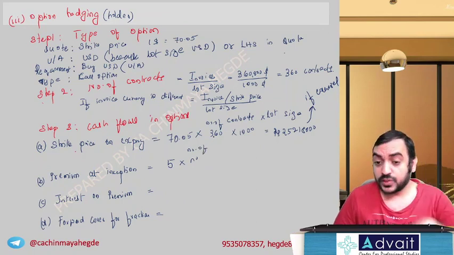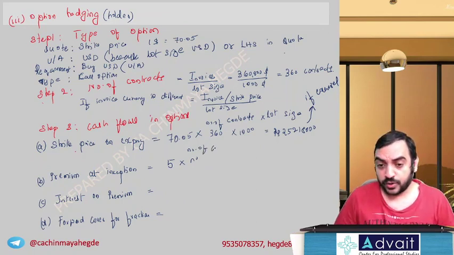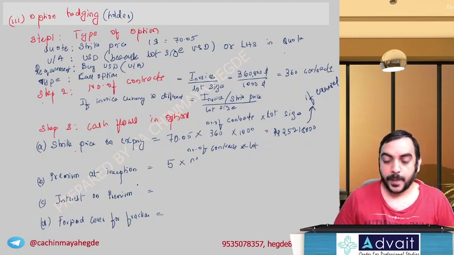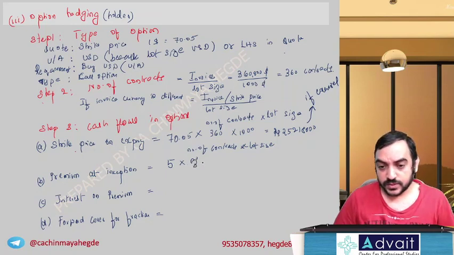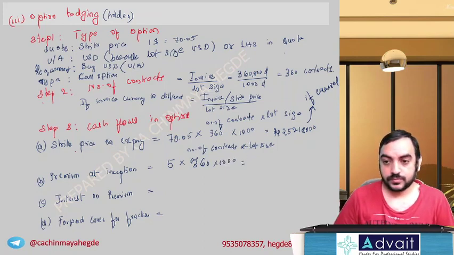Just like the strike price, same process. So 5 into 360 into 1000. 18 lakh.